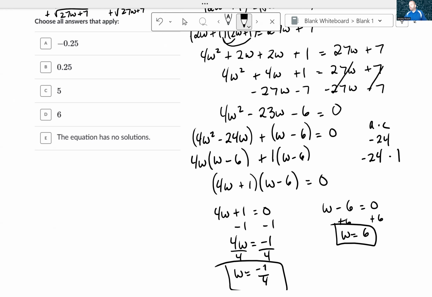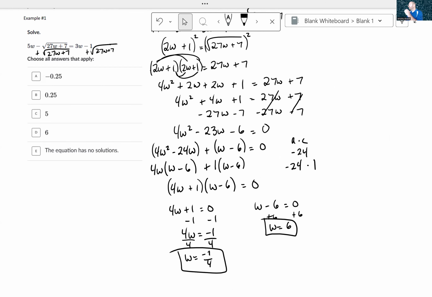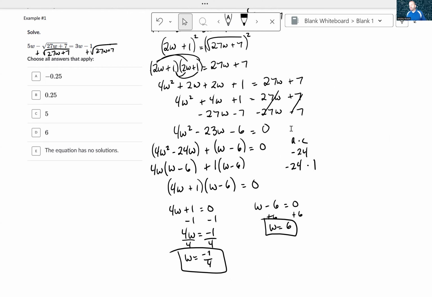Now we have a square root problem. We have to check for extraneous solutions. And this, I think, might be giving us an example of a negative. A lot of times when we're finding extraneous solutions with a square root, we find out that we end up getting a negative underneath the radical.